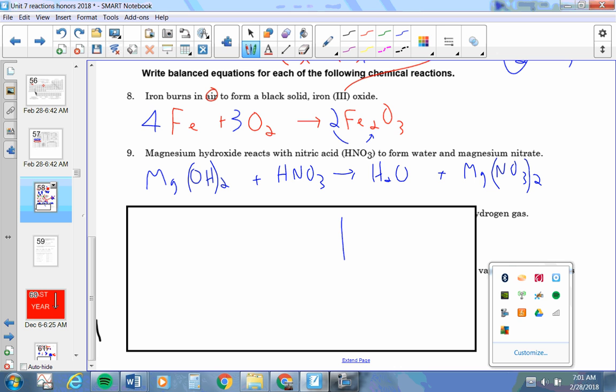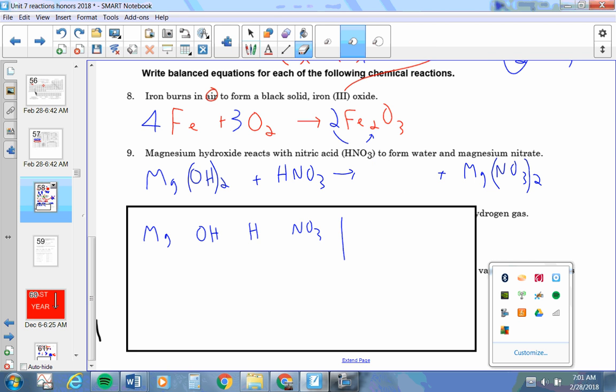When I count this, I'm going to count it as Mg's, OH's, H's, and NO3's. So that means I need some H's and OH's. It's okay to do this. You don't have to, but it's okay to count it. In fact, it's kind of preferable. I'm going to write it as Mg, OH, H, and NO3.